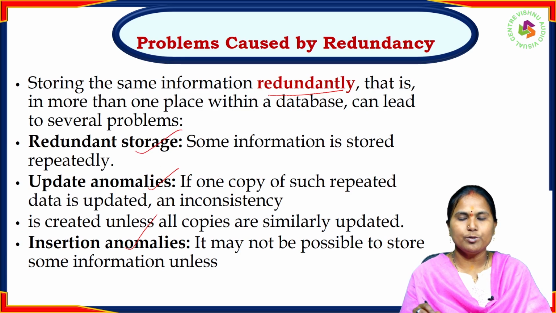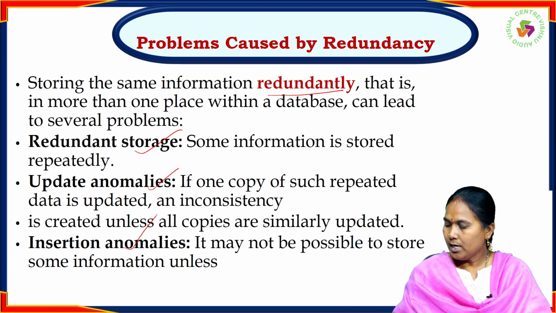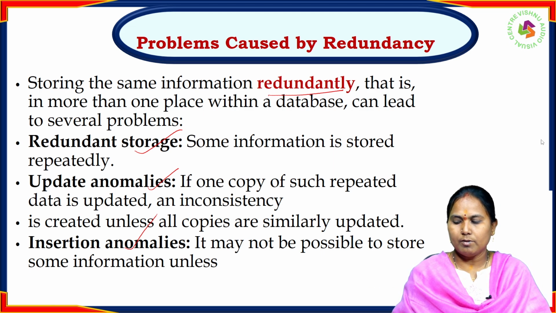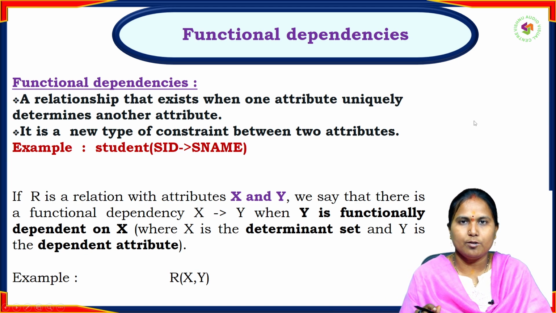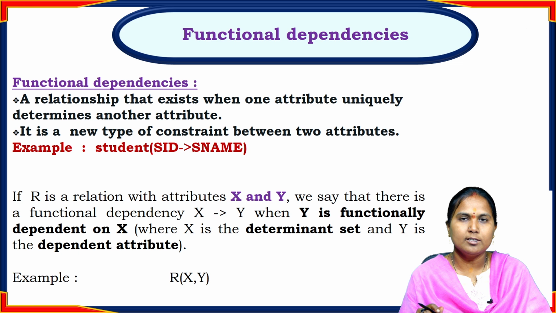Redundant storage means the same thing is repeatedly placed multiple times. Why is this situation happening? In normal scenarios, if you want to maintain a classroom database, it consists of student roll number, student name, student address, year of the student, and branch of the student.